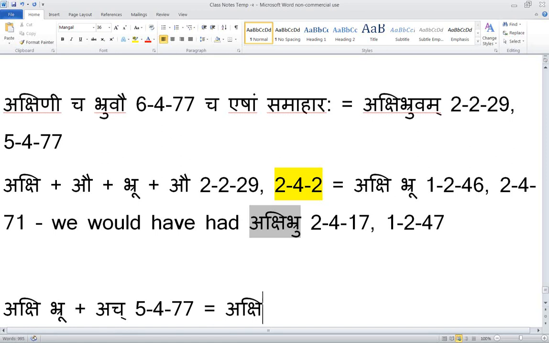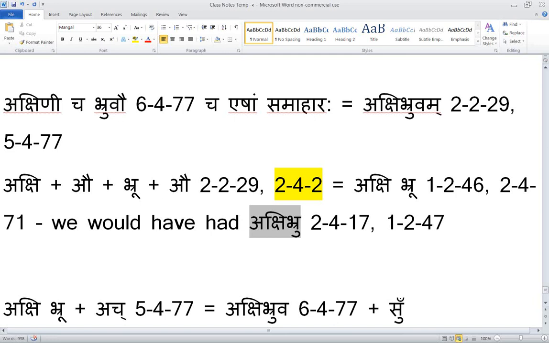So akshibruva, 6477. And then sanapumsakam, niputyaya su, and then ato amipurvaha, akshibruvam. Then we add the supratyaya and do the usual operations.